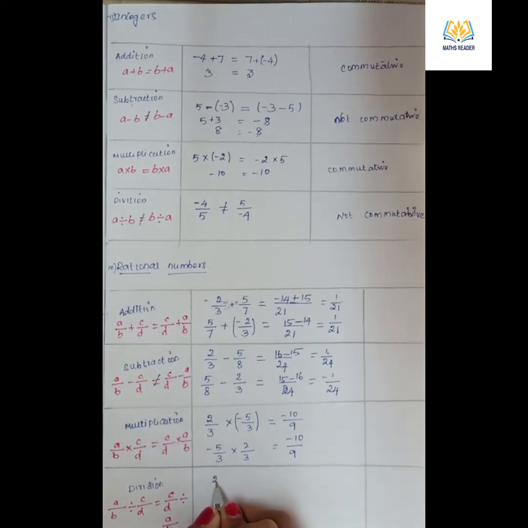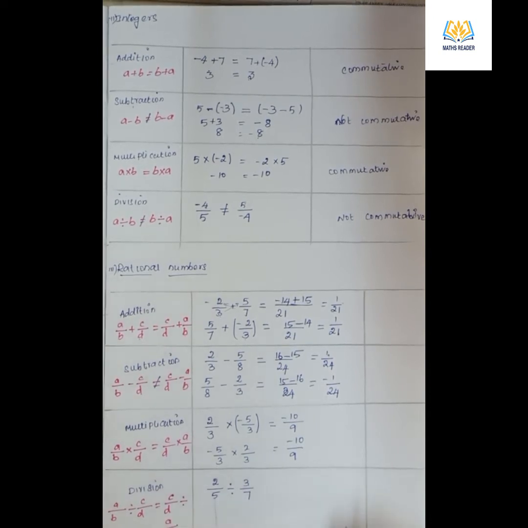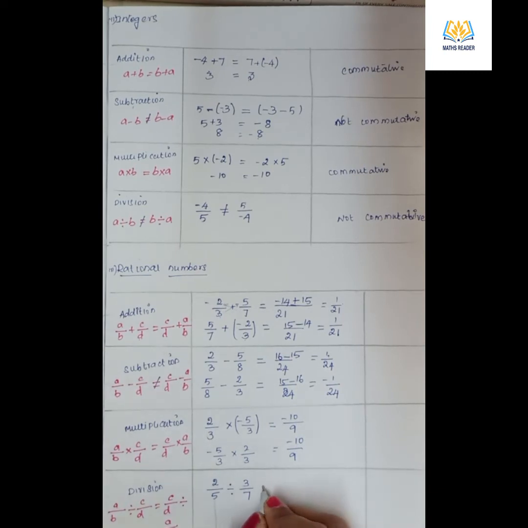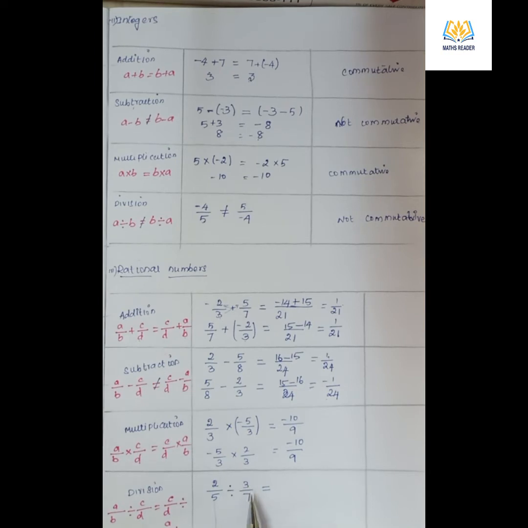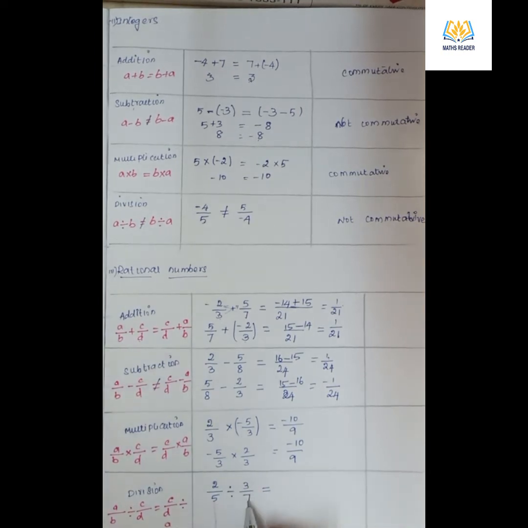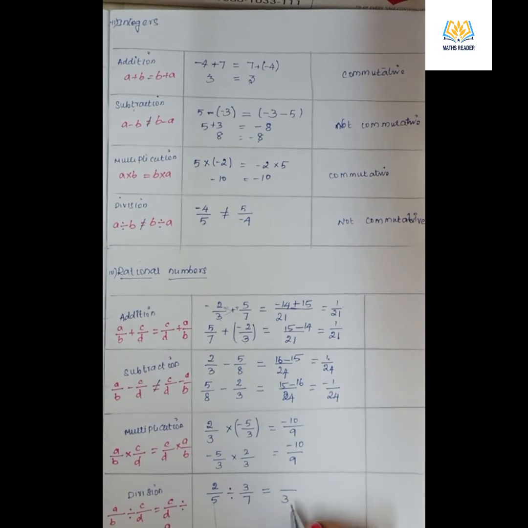Next, we'll check for division. 2/5, take 3/7. So a divided by b, divided by c/d. What is the answer?